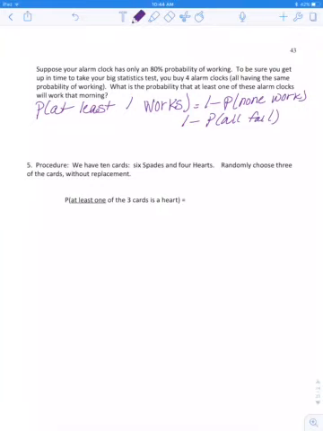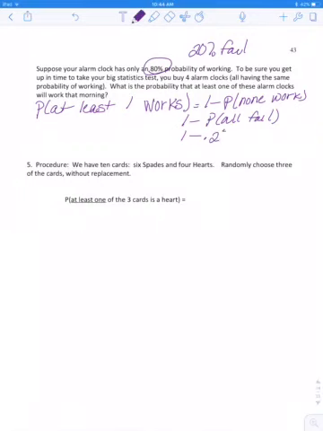Now, if they have an 80% chance of working, they'd have a 20% chance of failing. So we do 1 minus 0.2 to the fourth, since there are 4 alarm clocks. If you put that in your calculator, we'll get 0.998. So with those 4 alarm clocks, you'd have a 99.8% chance of one of the alarm clocks working.